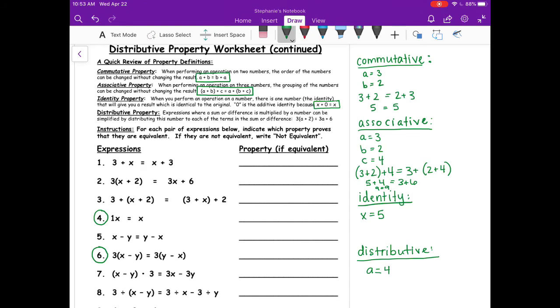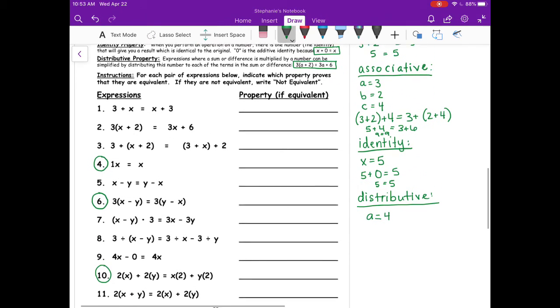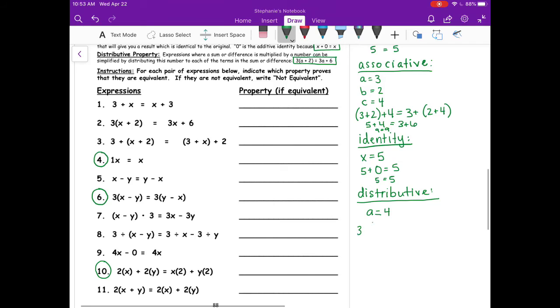Our problem here is x plus 0 equals x. So we're just going to write 5 plus 0 equals 5. We know that's true, right? 5 equals 5. And then lastly, the property we've been talking about, the distributive property. I'm going to plug in 4 as my variable here. 3 times a plus 2 equals 3a plus 6.